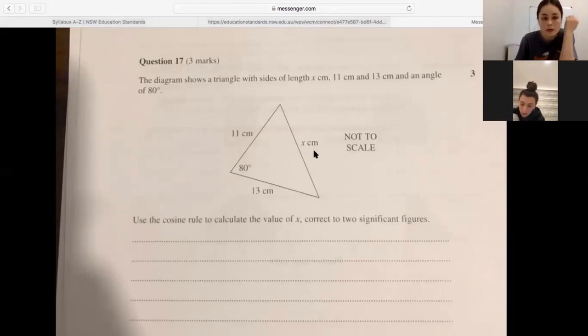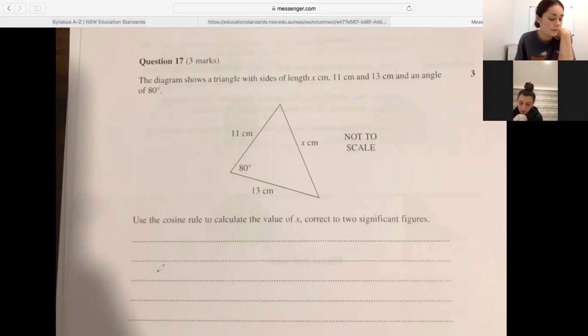So could we use the sine rule for it? Oh, but you can't, because you have to use the cosine rule. And which one would we use? For the side, so we'll use the C squared one.